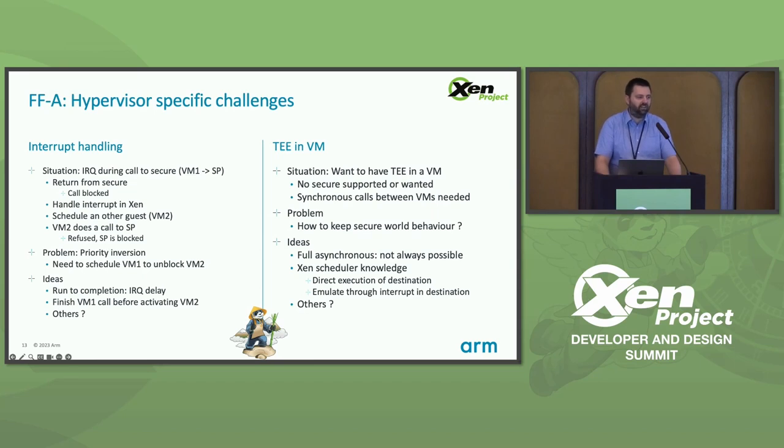It's a valid design question, but moving secure services inside a pVM or a VM would mean that you don't benefit anymore from the security and isolation brought by TrustZone. It's not a goal at the moment to use FFA technology to completely remove TrustZone. That's kind of the opposite.